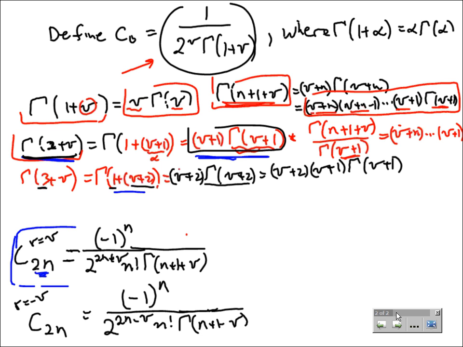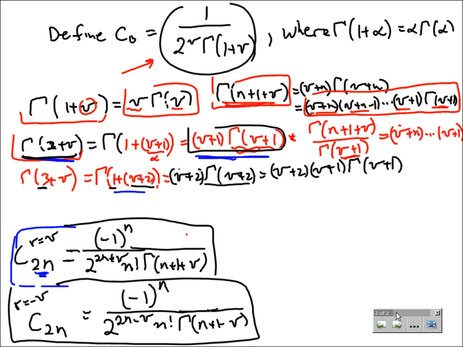Okay, so we have our two results here. One where r is v, and the other one where r is negative v.